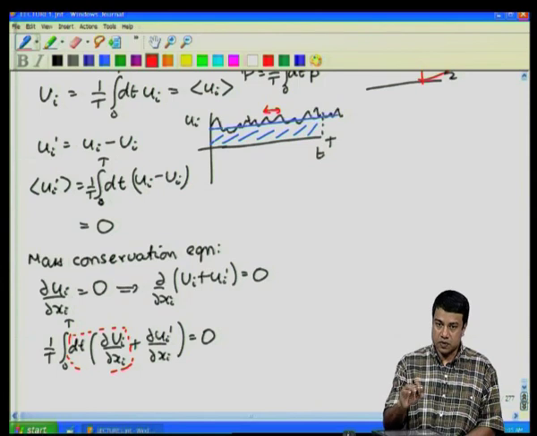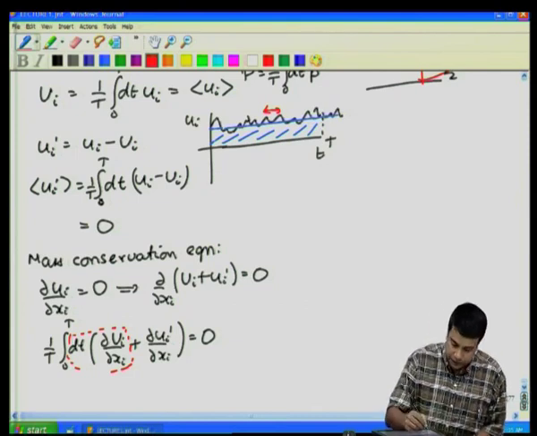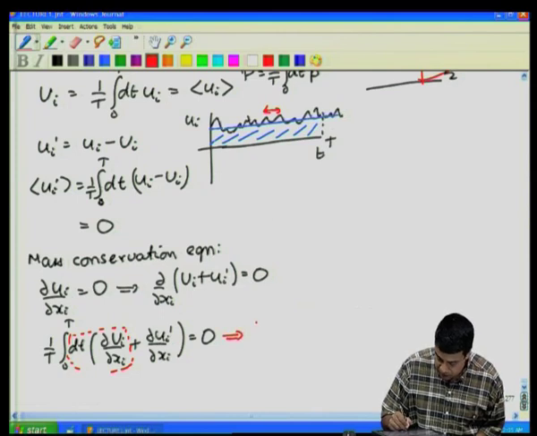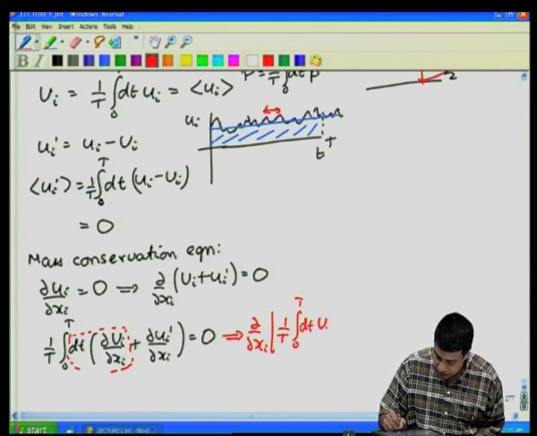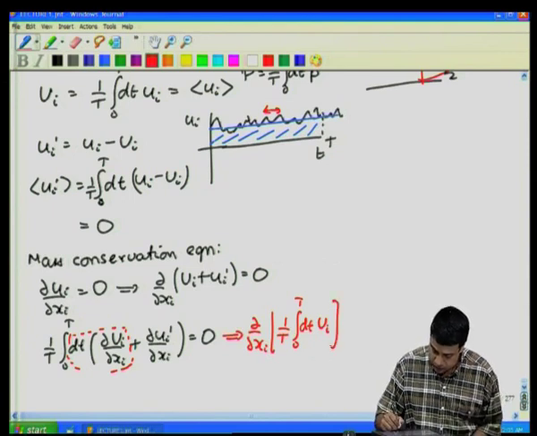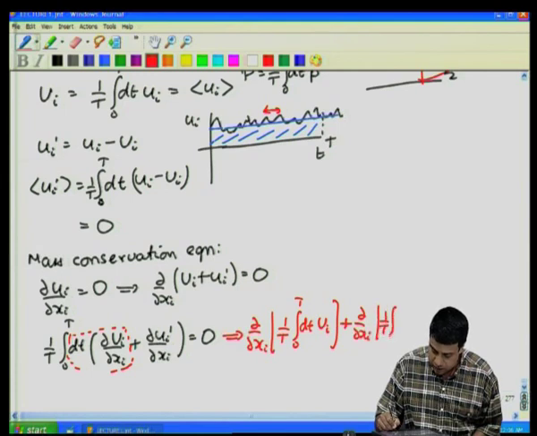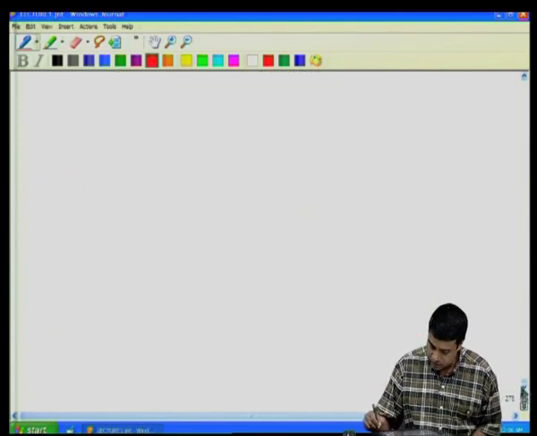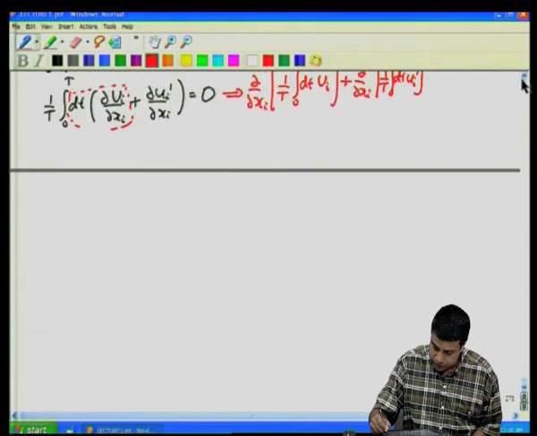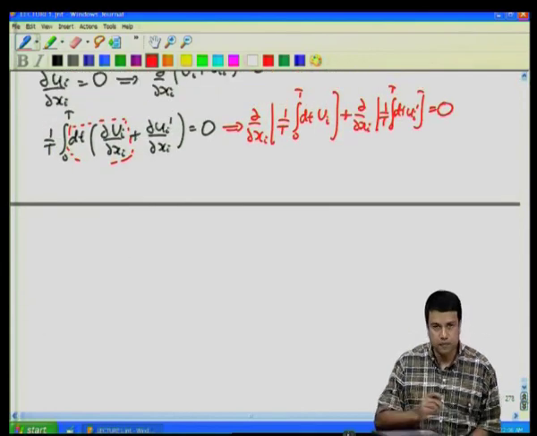And because position and time are independent coordinates, the integration over time and the differentiation with respect to position do commute. Because of that, I will get partial by partial x_i of 1 over t integral 0 to t dt U_i, plus partial by partial x_i of 1 over t integral 0 to t dt u_i prime, is equal to 0.